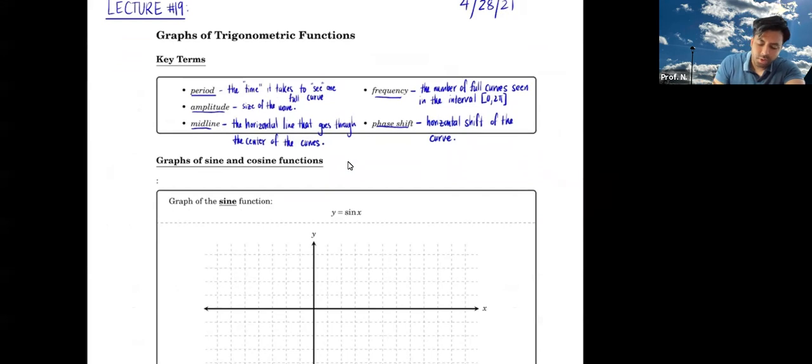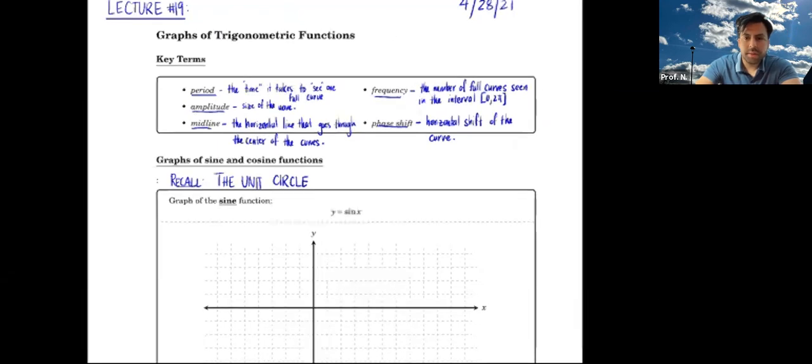So we have to recall the unit circle. Like I've mentioned before, to understand trigonometry, you have to know the unit circle.